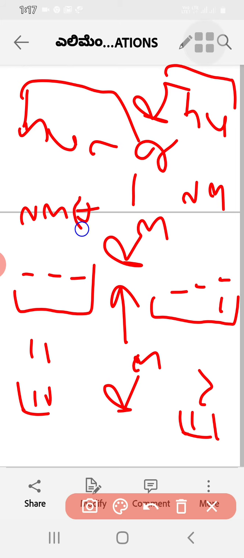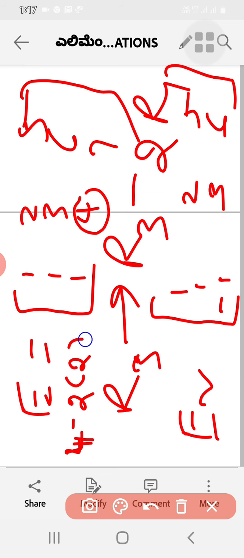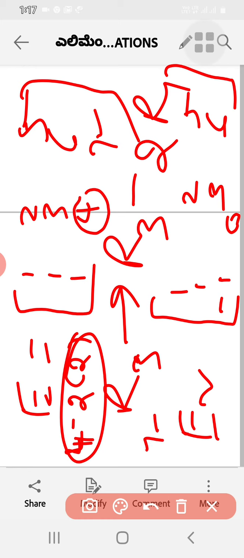Now instead of 4, what does it become? We have to work out 4 minus 2R1, that is 2 into 2, that is 4, so 4 minus 4 is 0. Then 7 is there, so 7 minus 2 into 5, that is 10.